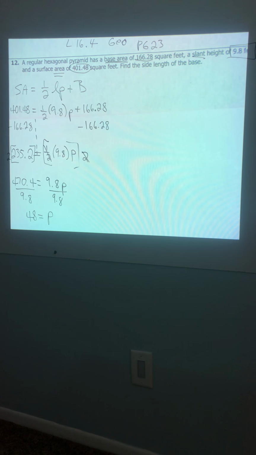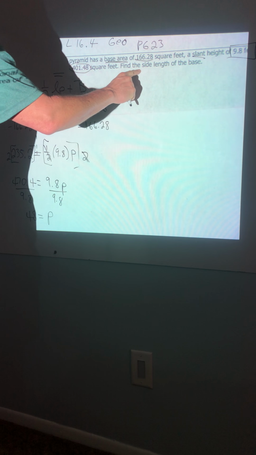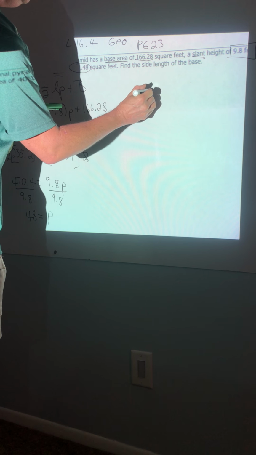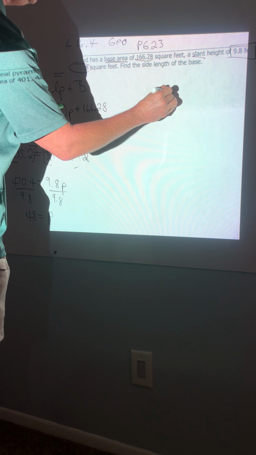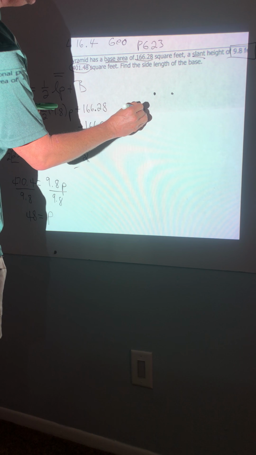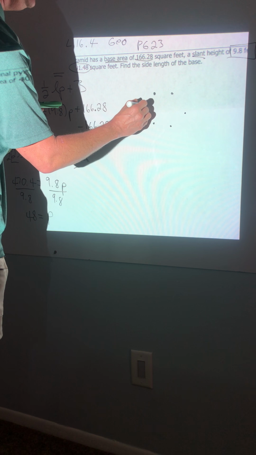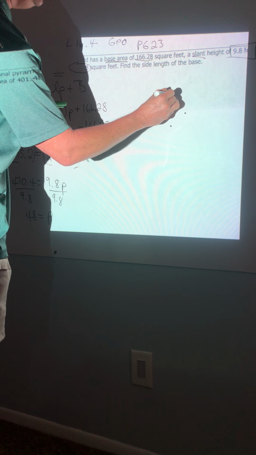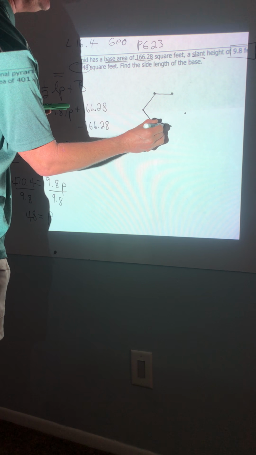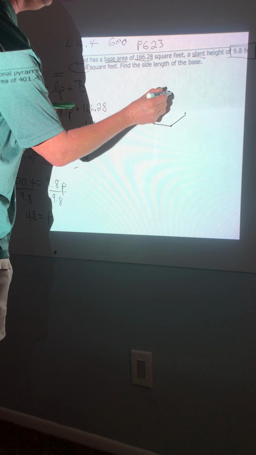Now don't get all hyper and excited and circle that answer, because what do they want? They want the side length of the base. Well, here, I'm going to draw you a hexagon base. Let me do 6 points because my drawing's not the best. Let's connect, connect, connect. Let's make a beautiful hexagon.